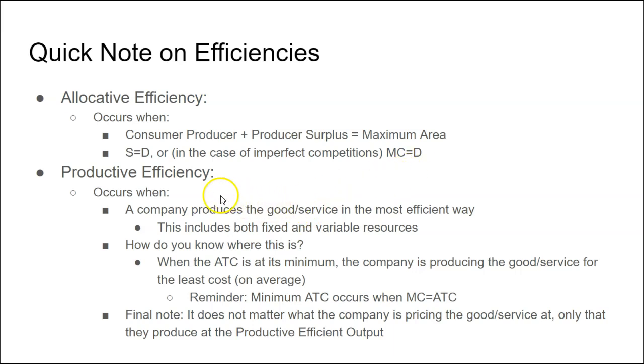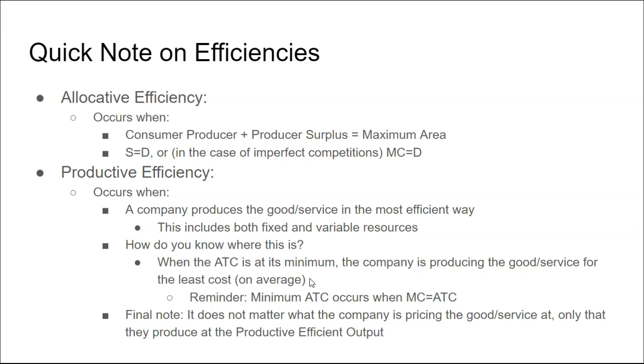Productive efficiency, which we talked about before, is when a company produces the goods and services in the most efficient way. How do we know when that is? Or are they using their fixed and variable resources at their optimal efficient level? Mathematically, that would be the case when it is at the minimum ATC, because the total costs take the fixed and the variable resources into account.